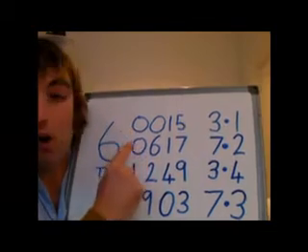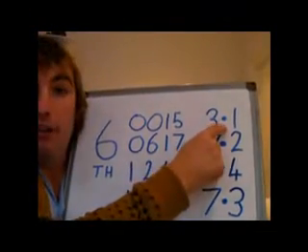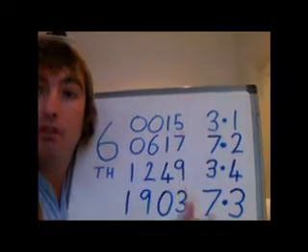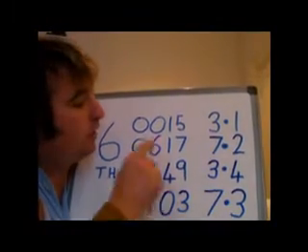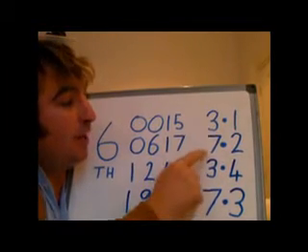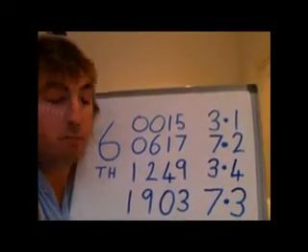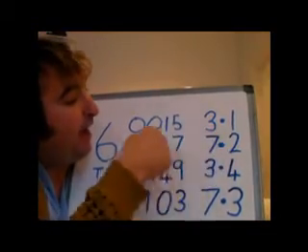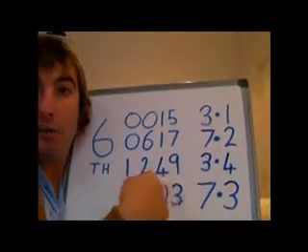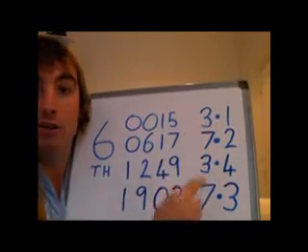And then for example, this will be low water, because this is a smaller figure, and this is the height of tide above chart datum. So at 0617 we'll have 7.2 metres of water above chart datum. So we know that this is our high water, and this is going to be our other high water, and these are our two low waters.